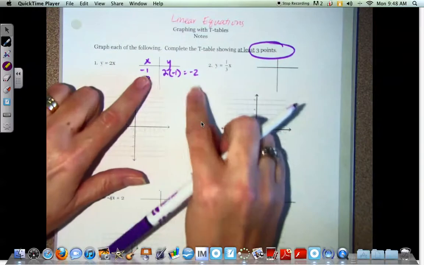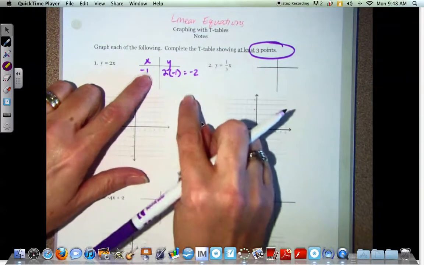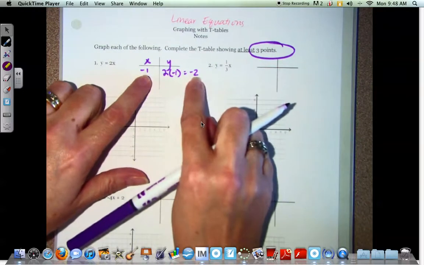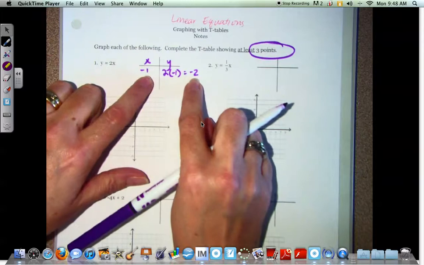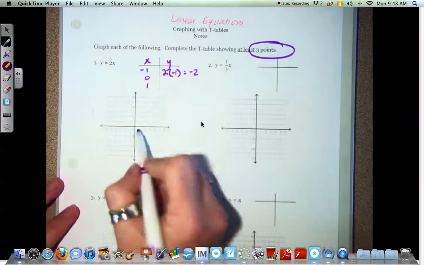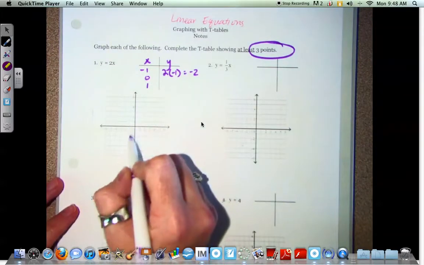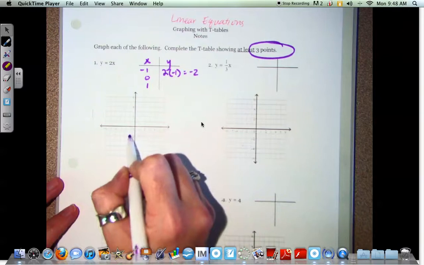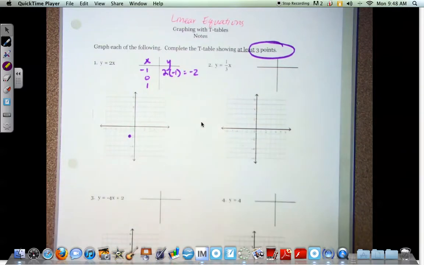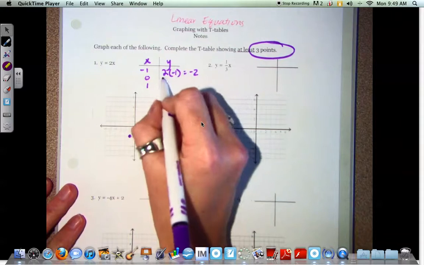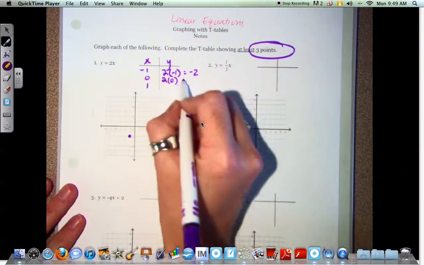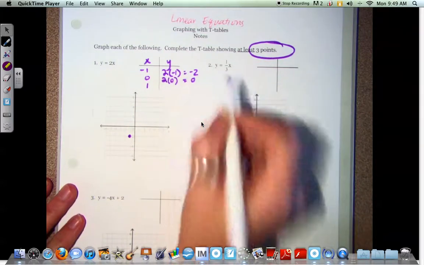So we have a point that we can plot, negative 1 and negative 2. This is our X value, this is our Y value. So that means we go to the left first, and then down 2, and make a point. All right, now we have 2 times 0, which gives us 0.